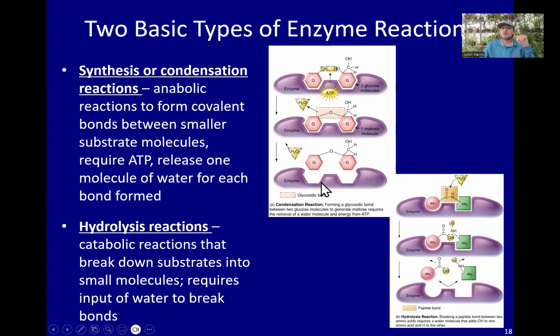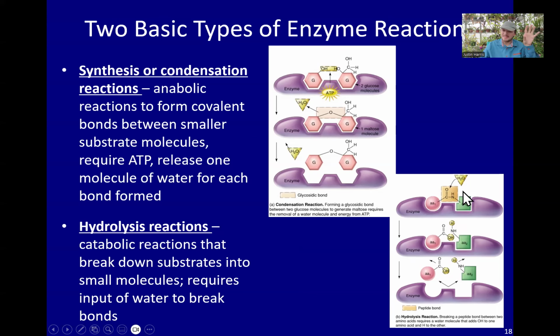On the other hand, the reverse of this is we're taking a big product that doesn't have an OH. We add in a water and we break it into its component substrates, into two smaller products.